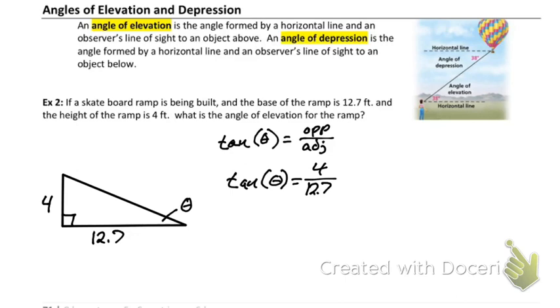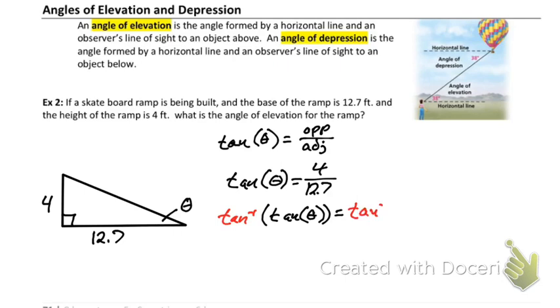Yeah, we're just going to take the inverse of both sides, which is going to look something like this. We're going to take the tan inverse of one side. So that's tan inverse of tangent of theta. And that's going to equal what I do to one side, I have to do to the other side.